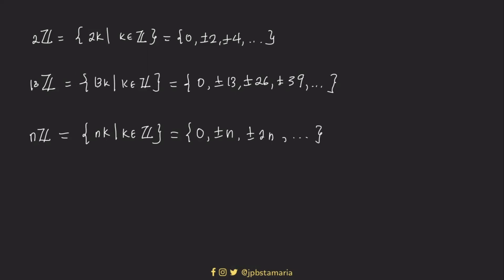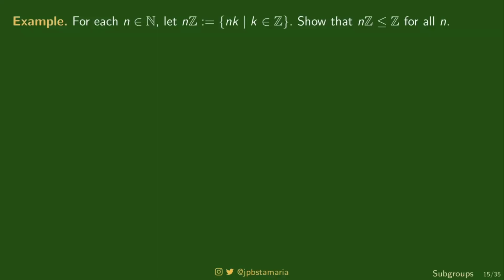Alright? Ipoprove natin in this example that this set NZ is actually a subgroup of the group Z. So wala kayong binanggit na operation ng Z. Anong operation ang gagamitin ko? It should be clear from the context that I am talking about Z under addition.